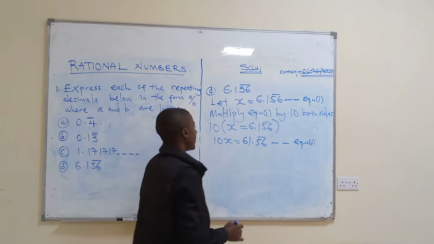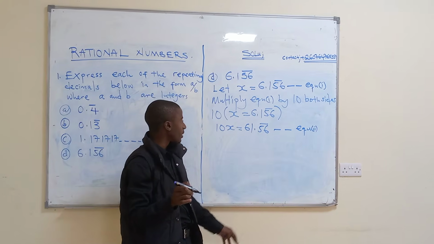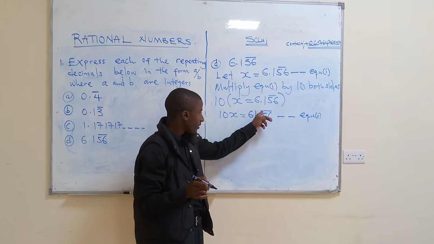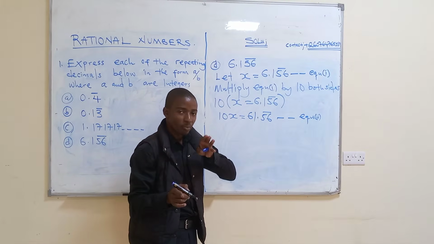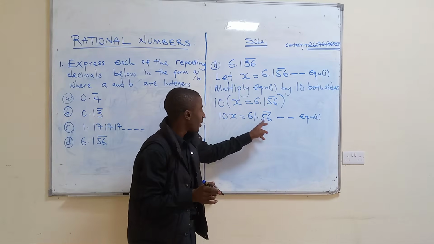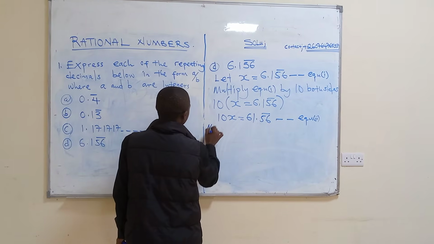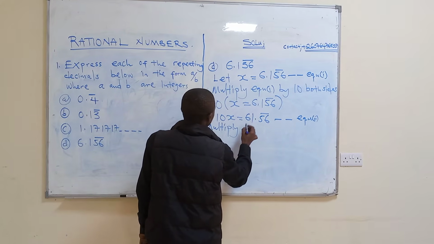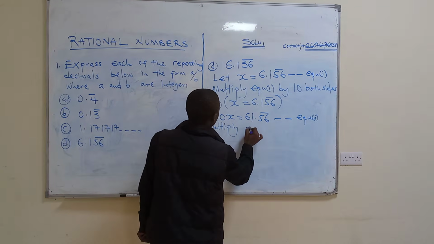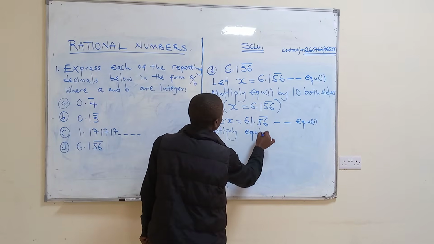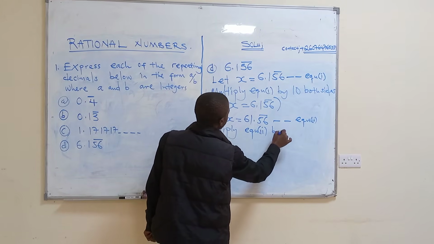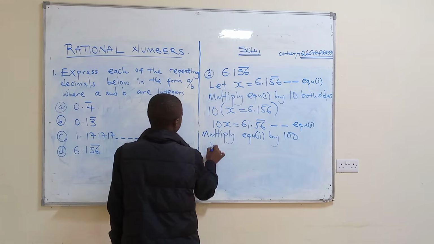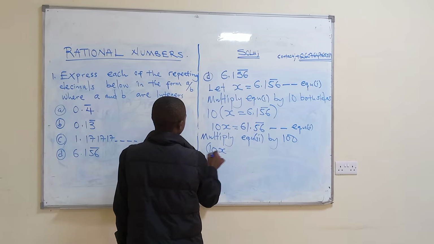So from there, now you have to multiply by what? 100. Why? Because this point is toward what? The repeating numbers. So multiply both sides by 100. So say multiply equation 2 by 100.